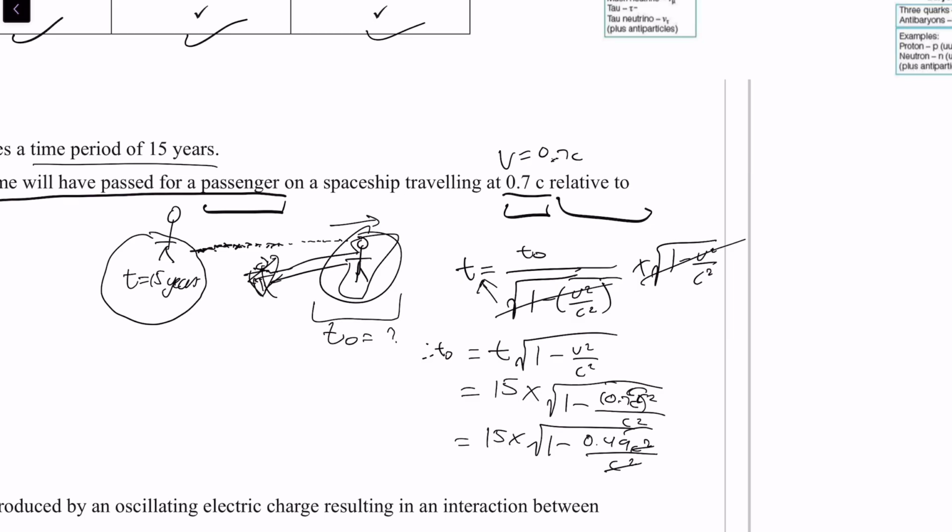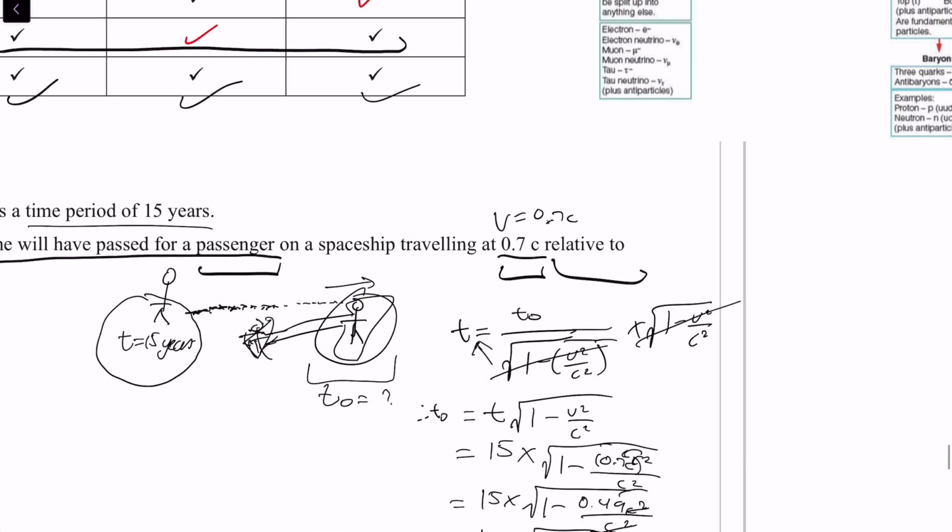These C squareds cancel out, and we have a nice number we can put in our calculator now, 1 minus 0.49 in the square root underneath that. So 1 minus 0.49 there. And then we just plug that in our calculator. That's all we need to do to make that work.